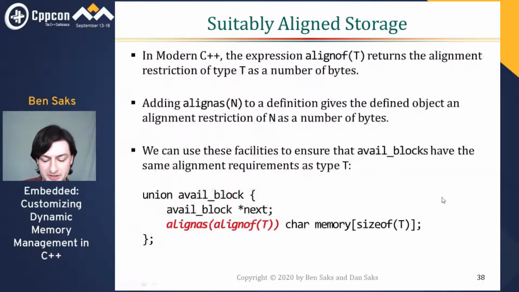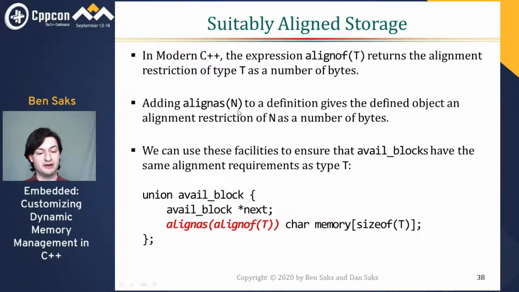Now, in modern C++, the expression alignof(T) can be used to determine the alignment restriction of a type T as a number of bytes. So you can use this alignof(T) to get the number of bytes of alignment that something needs.